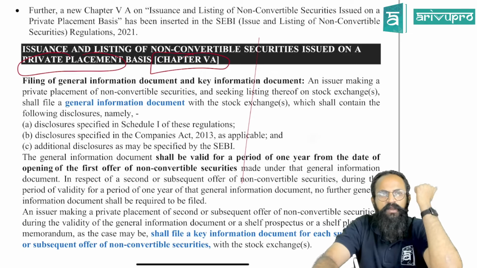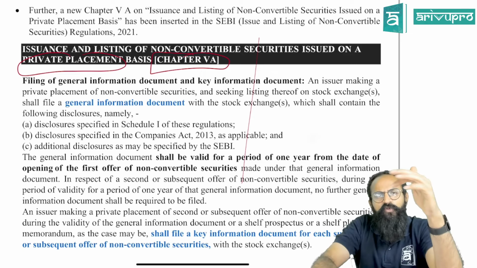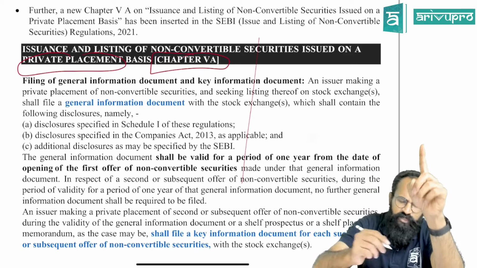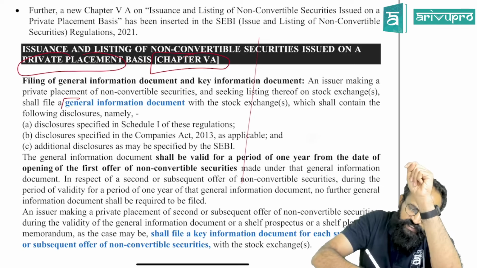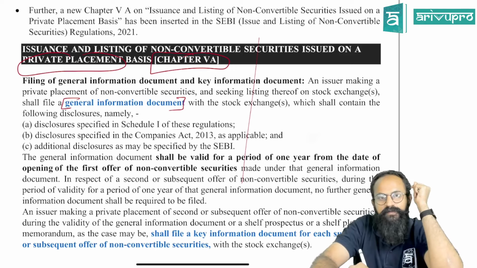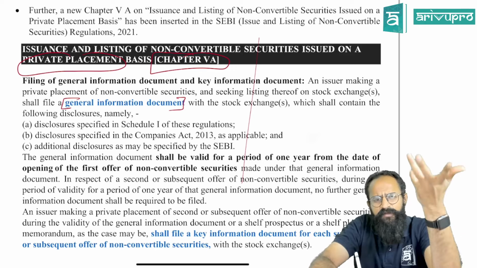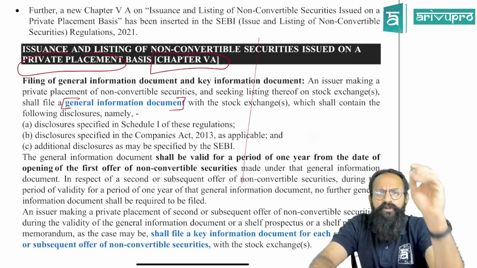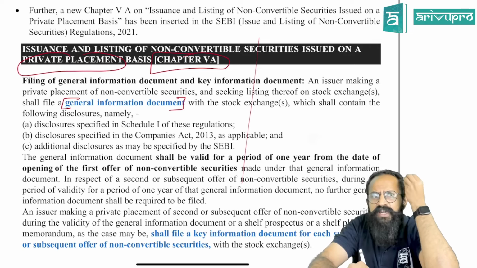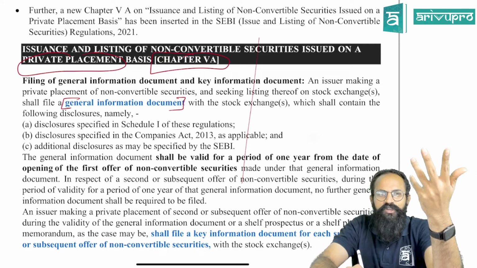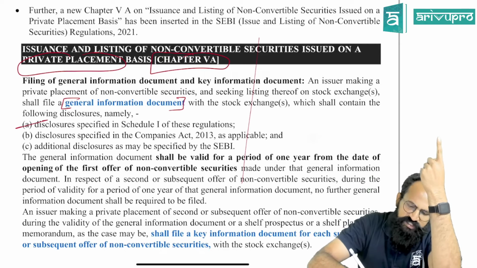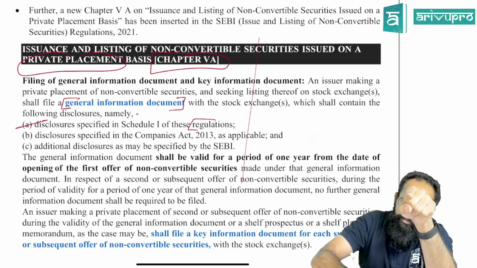What is that? Before you go for a private placement, you have to give one document to the stock exchange. The document is called the general information document. Sir, what should be in this general information document? You need to disclose various disclosures. Whatever disclosures are given under these regulations, you need to disclose.